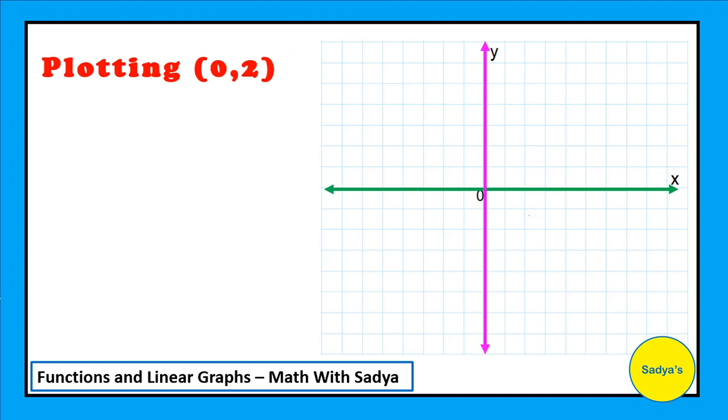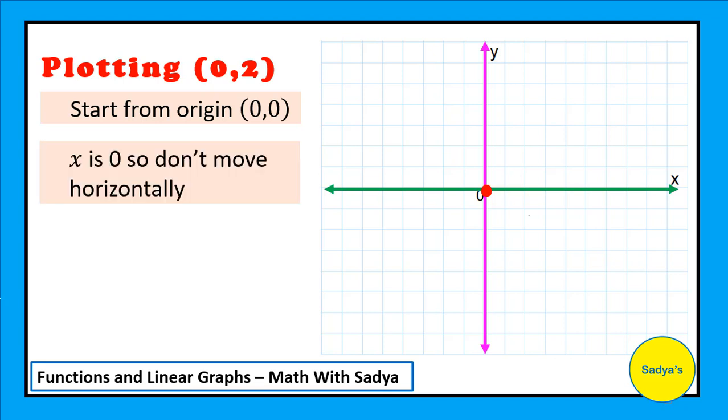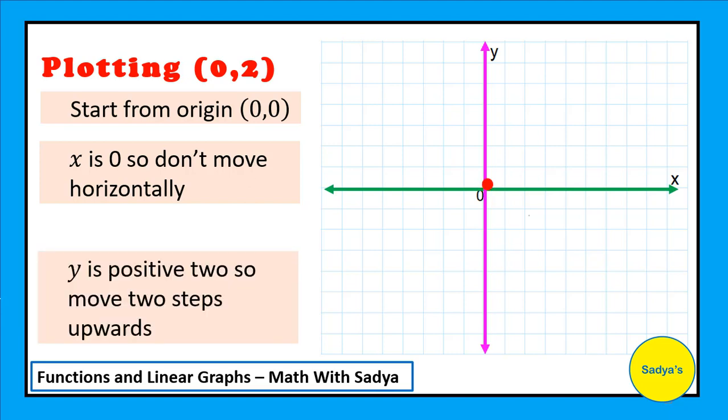Okay, so now 0, 2. We start from origin. X is 0. So will we move towards the left or right? We won't move at all because x is 0. So we will not move horizontally. Now y is 2, positive 2. It means we will move 2 steps upwards.